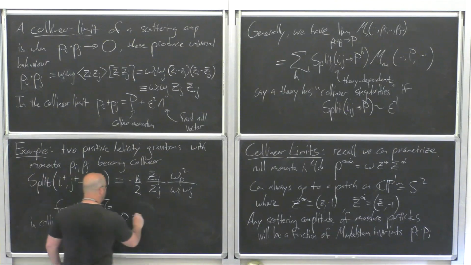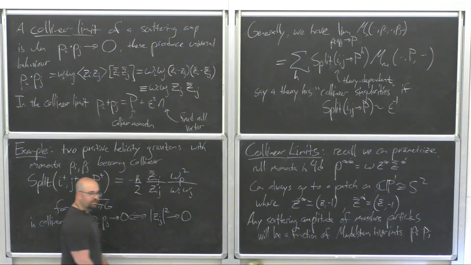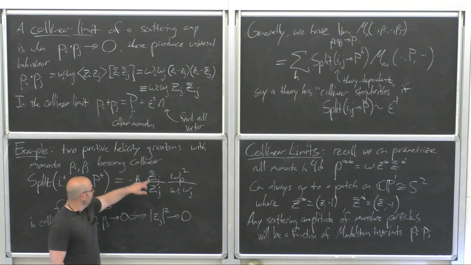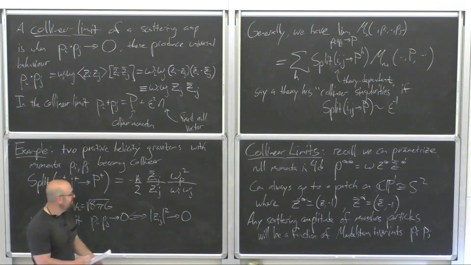But that's the same as saying that mod z_ij squared goes to 0. So for Lorentzian real momenta, z_ij is going to 0 as fast as z̄_ij is going to 0. So this isn't actually singular.